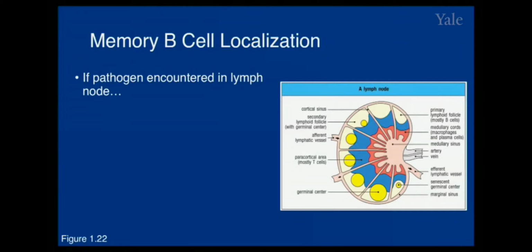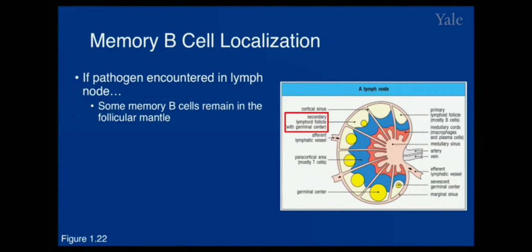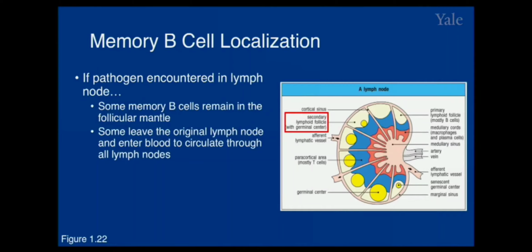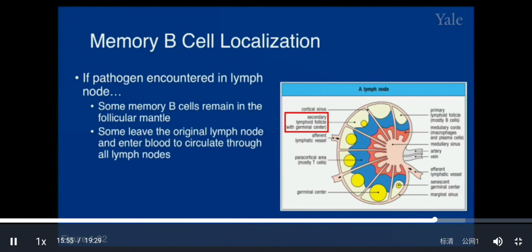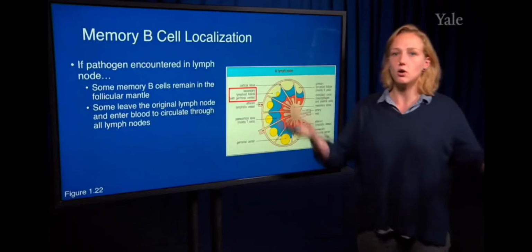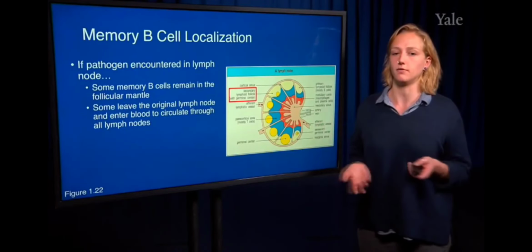So lymph node specific pathogens will interact with their B cells within the lymph node, obviously. And memory B cells, some of them will stay within this follicular mantle in the secondary lymphoid follicle, and some will actually leave this original lymph node where they were generated and enter the blood. So they'll flow throughout the blood to all different lymph nodes.